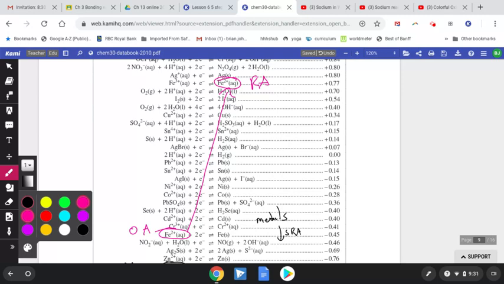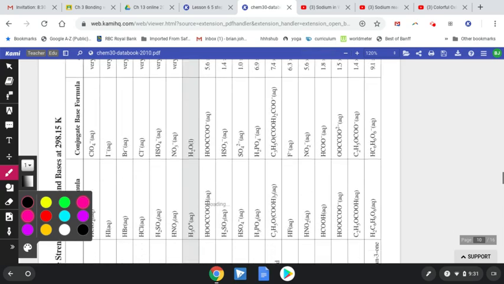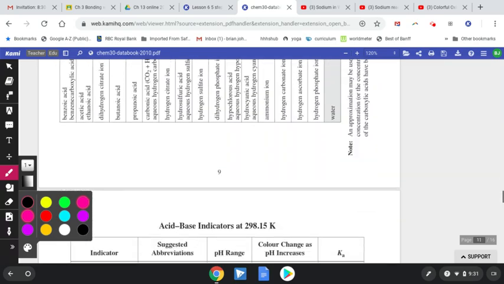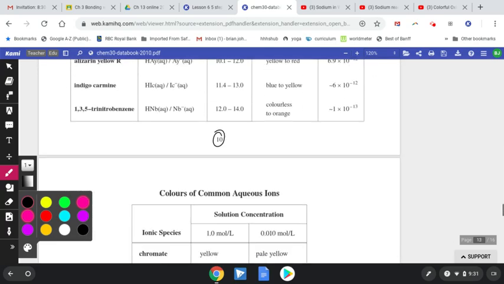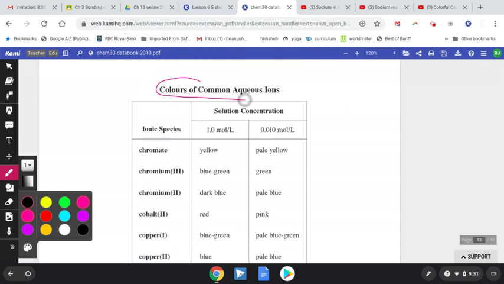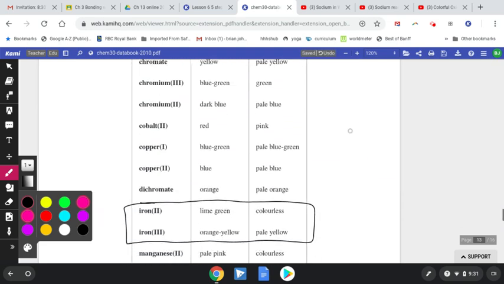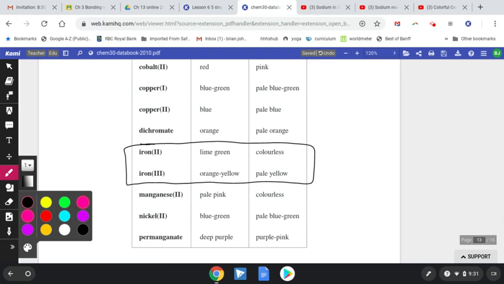If we could get it to go, what would it look like? What would be some diagnostic tests for this? Well, it just so happens that iron 2 plus and iron 3 plus have colors. So we're back in our data book, colors of common aqueous ions. Here they are. Iron 2 is lime green, and iron 3 is orange yellow.